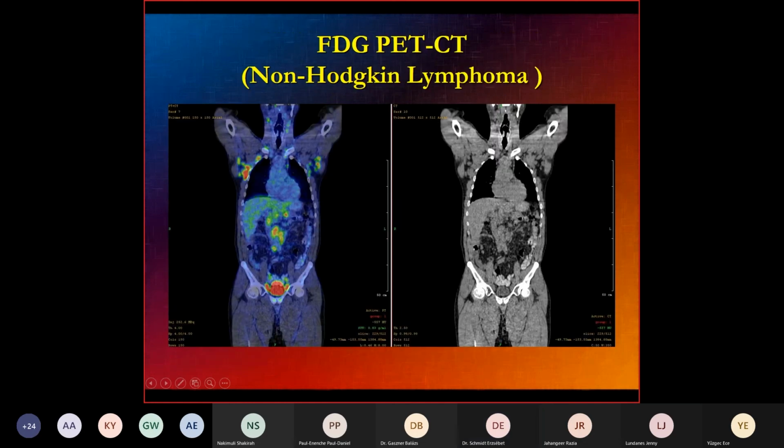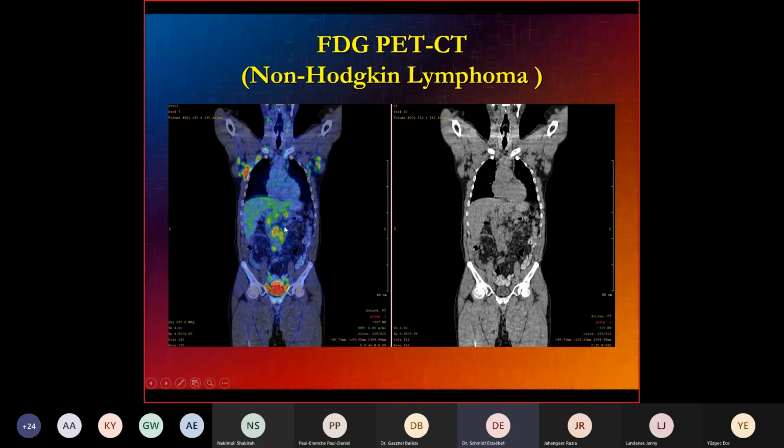This is an FDG PET scan, it represents glucose metabolism. A number of malignant tumors show a high glucose metabolism and glucose accumulation, for example, non-Hodgkin lymphoma, which is a malignant hematological disease.